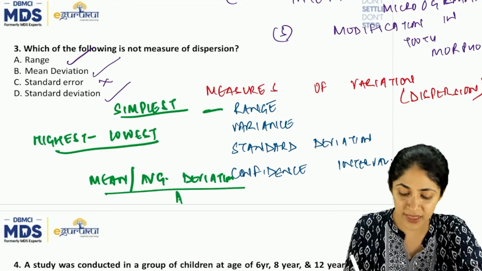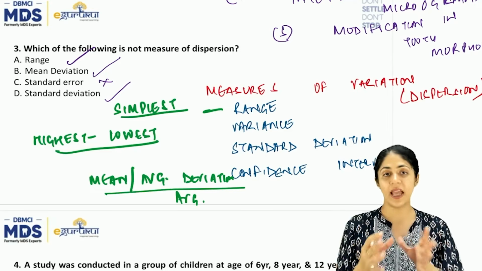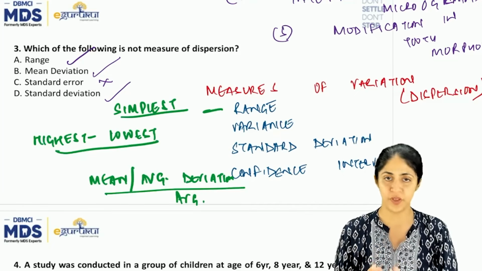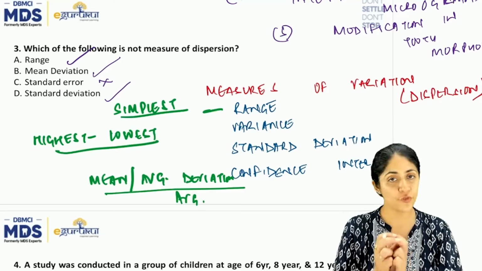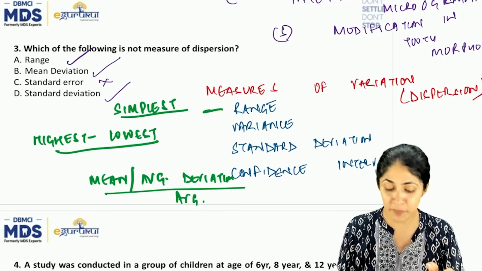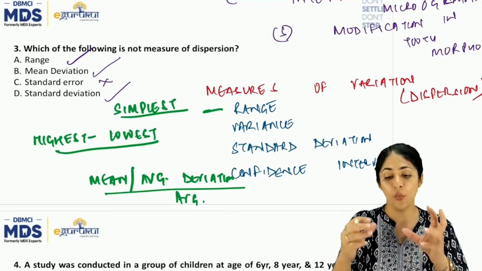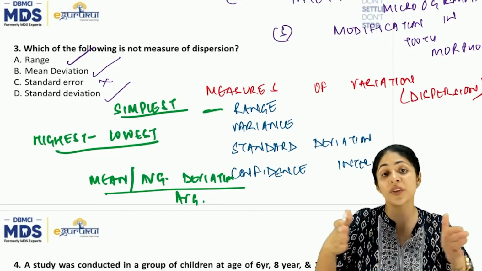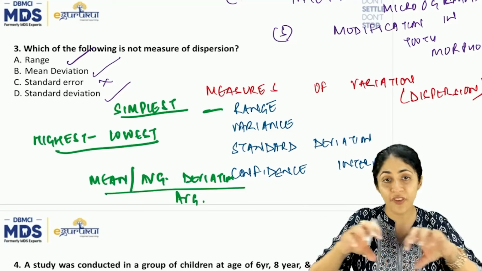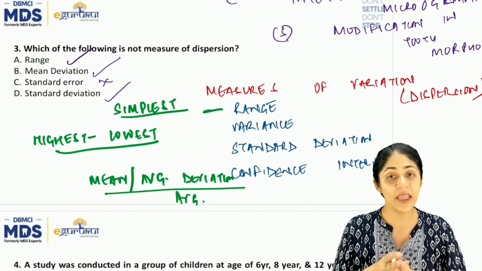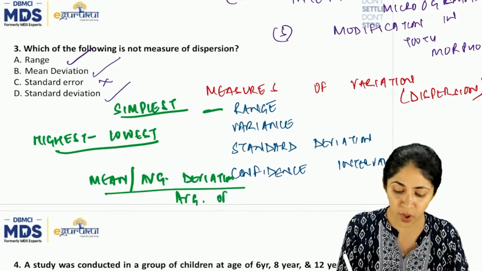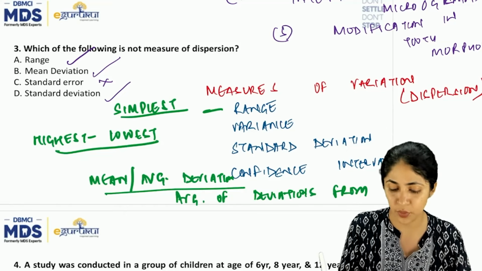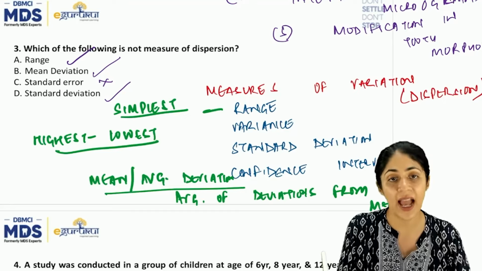Basically we take the difference from the mean of all the observations, and then we take the average of all those, that is the mean or the average deviation. What is variation or dispersion? It is the distribution of the values about the mean. How much are they varying around the mean? So mean or average deviation is the average of the deviations from the mean.